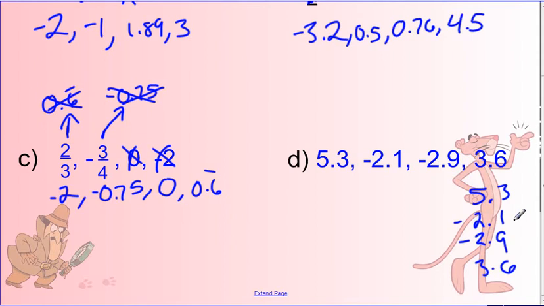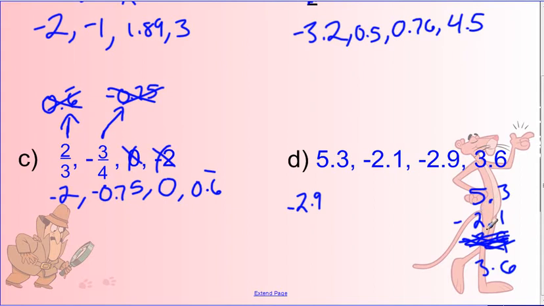Now, out of those 2, we've got to figure out which one is smaller. The smaller negative is the one that has more negatives. So which of these numbers has more negatives? 2.1 or 2.9? 2.9. So negative 2.9 is the smallest. It has the most negatives.